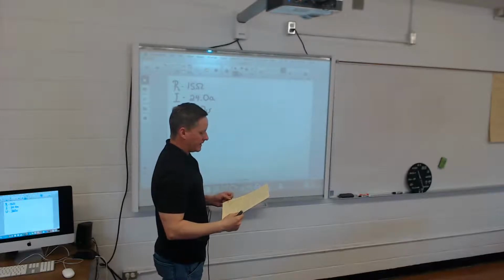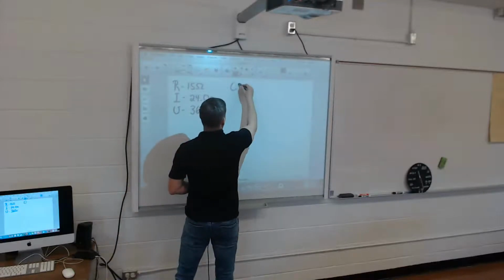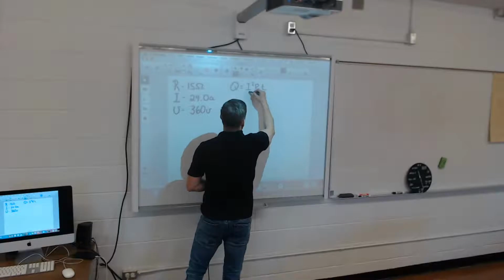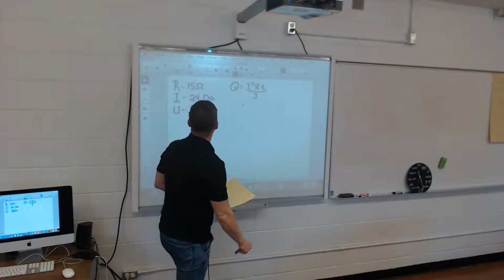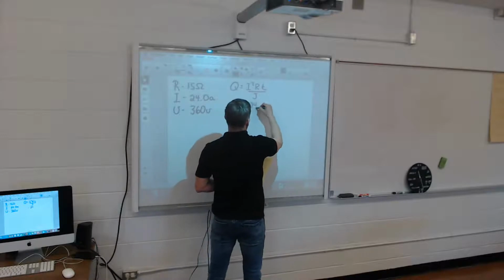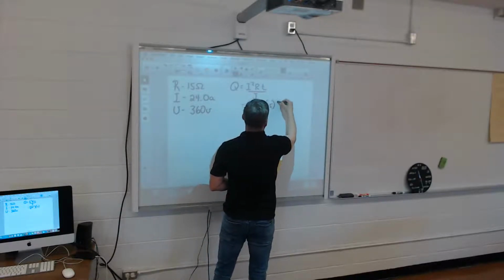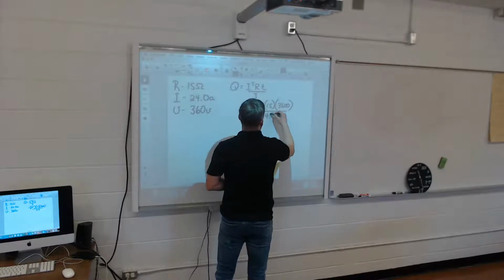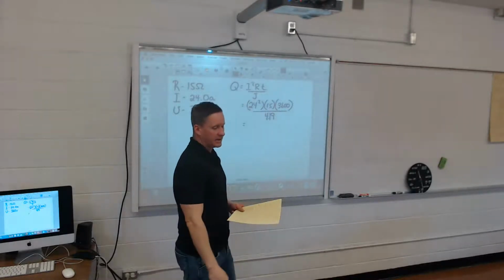How many kilocalories of heat are produced per hour? So I need the amount of heat per hour. So I've got 24 squared, 15, 3,600, over 4.19. So again, that's going to give me calories.